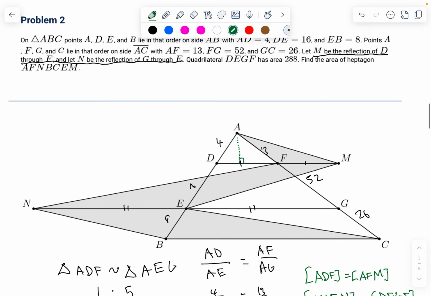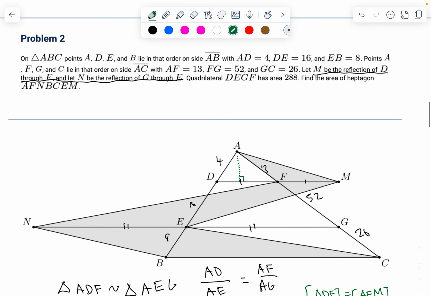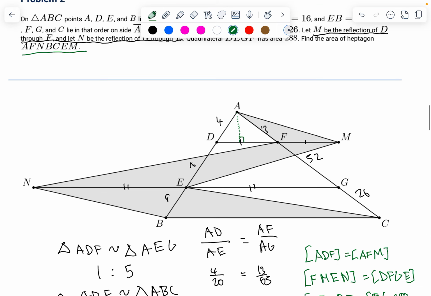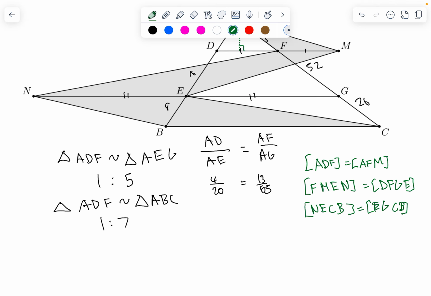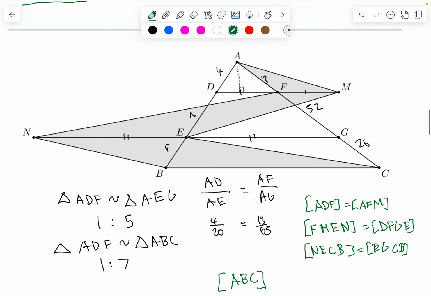This is very important as the problem asks to find the area of this heptagon, but by using these area congruences, you can find that the area of the whole heptagon is actually just the area of the triangle. They hid it within the problem.